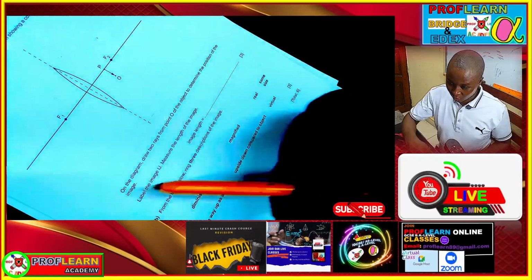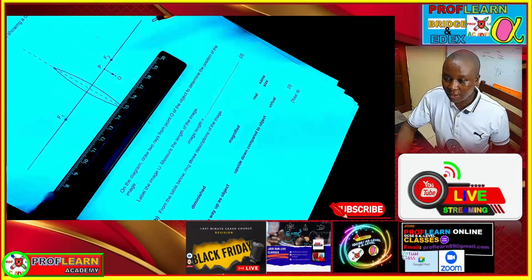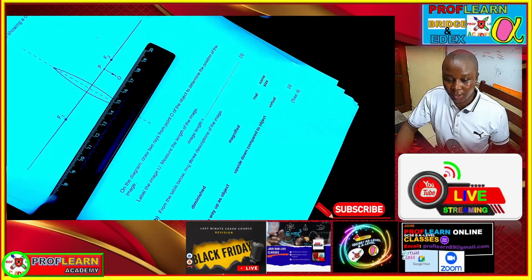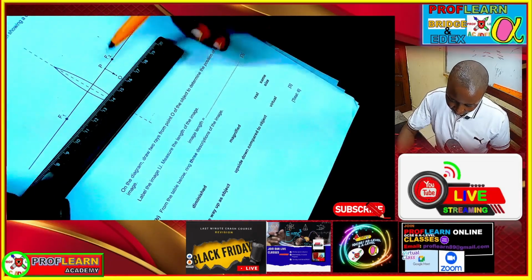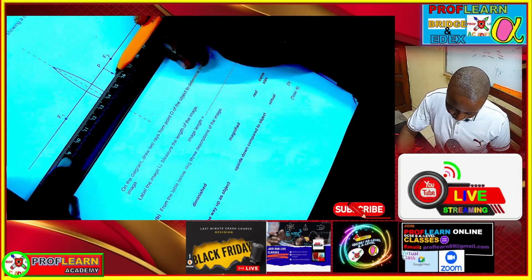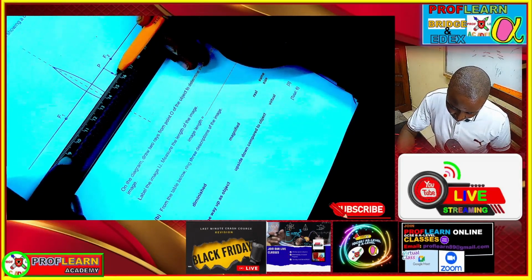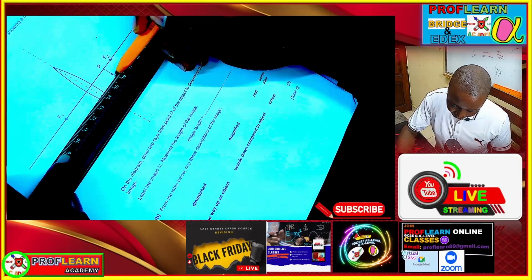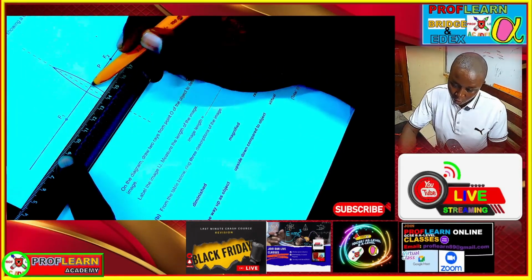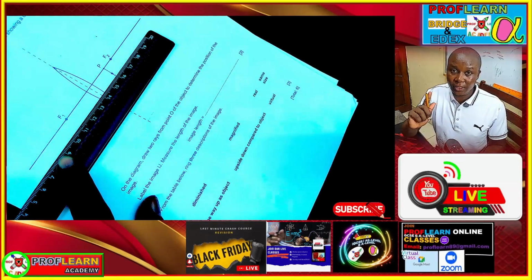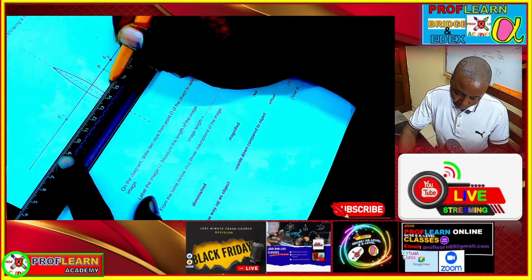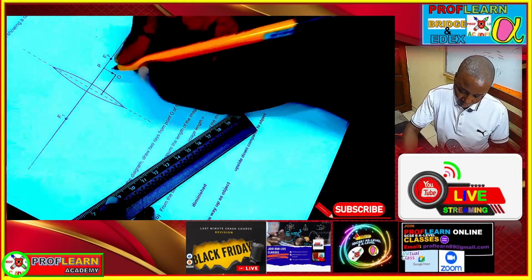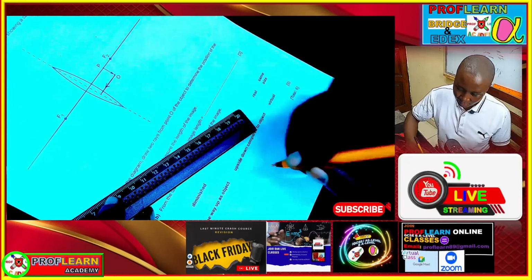The first ray that is used to construct the ray diagram is going to be a line passing from the tip that runs parallel to the principal axis. That's the first line that you draw from the tip of the object, and then that line runs parallel to the principal axis to meet the lens, like that.